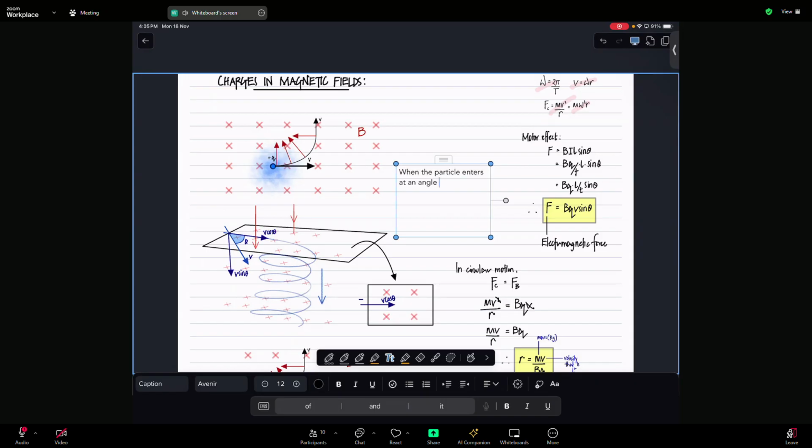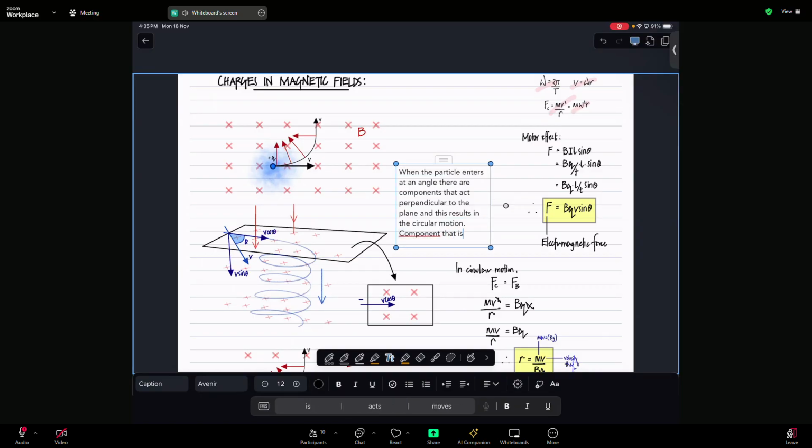Okay, so yes, capacitors. When the particle enters at an angle, there are components that act perpendicular to the plane, and this results in circular motion.